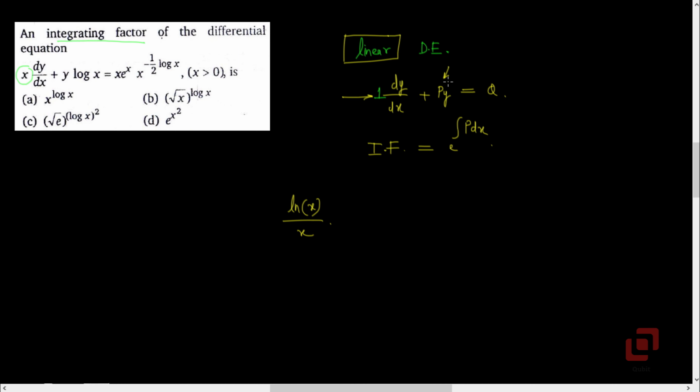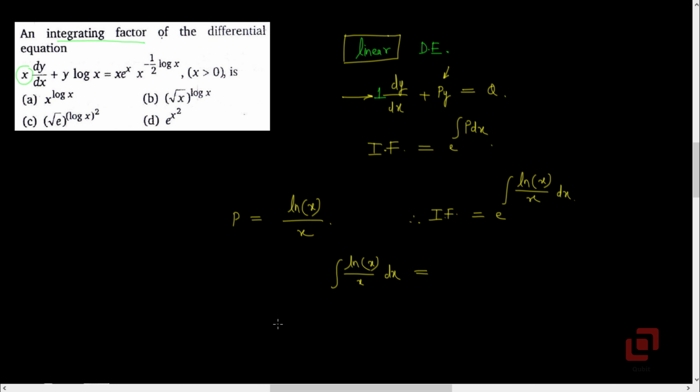Coefficient of y being p, in this case p will be log of x upon x. Therefore, the integrating factor of this differential equation will be e to the power integral log of x upon x dx. Let us find integral of log of x upon x dx separately.